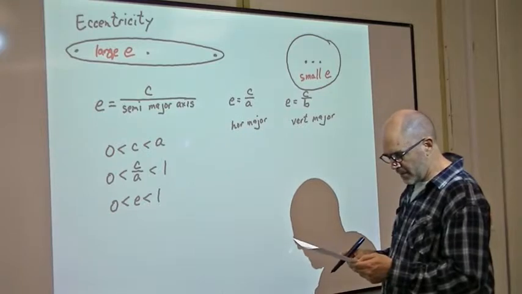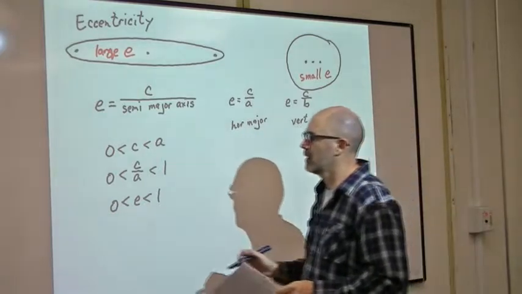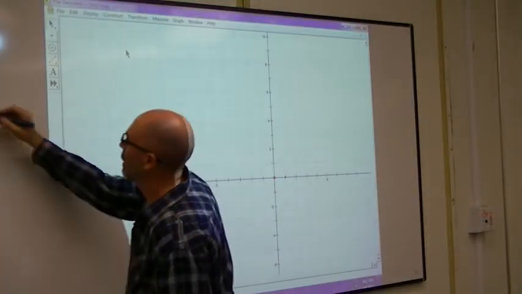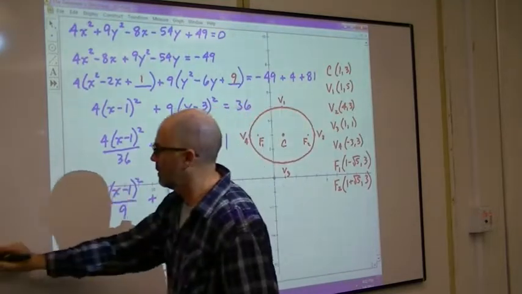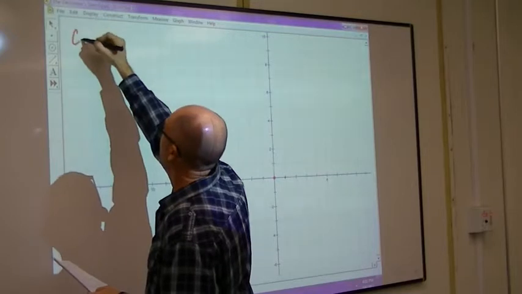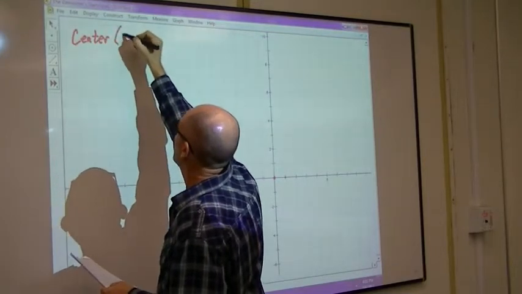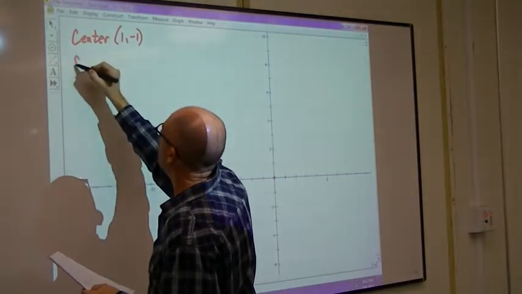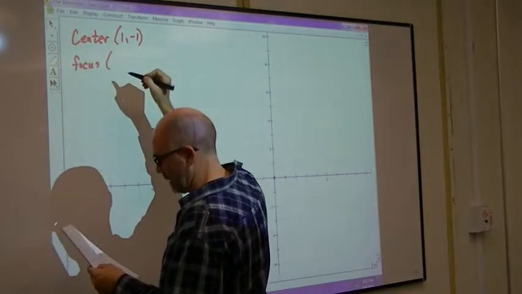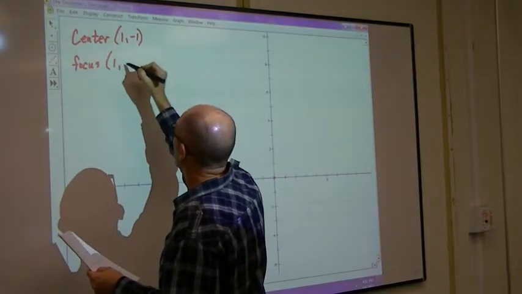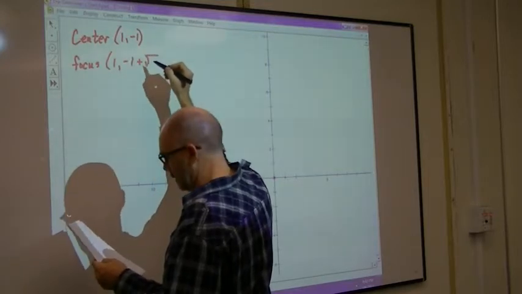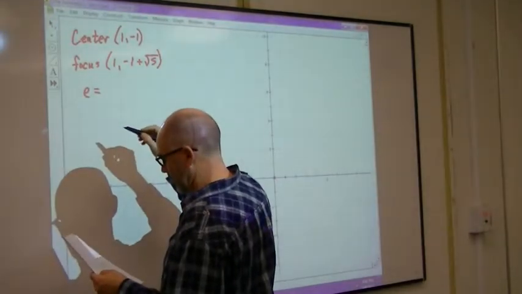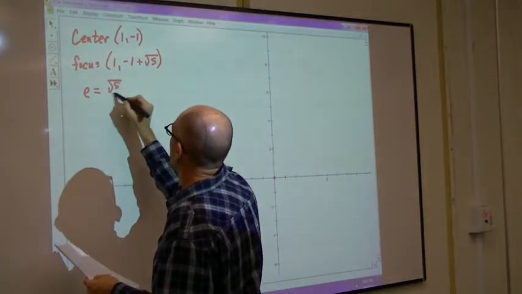So if I have center is 1, -1, and one focus is 1, -1 plus square root of 5, and eccentricity equals square root of 5 over 3.